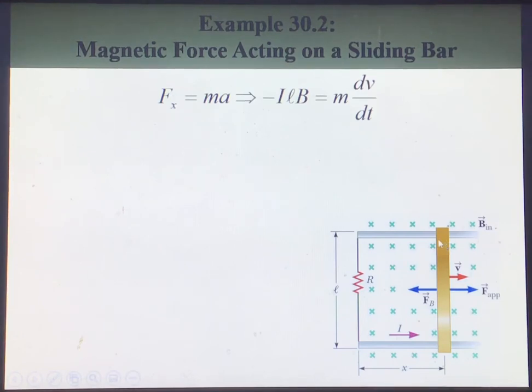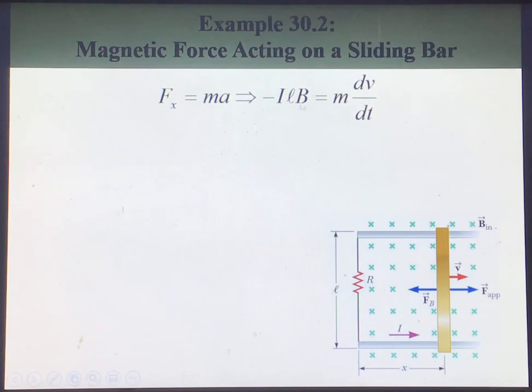Now the magnetic force on this wire right here is given by negative I times L times B, where I is the current in the wire, L is the length, and B is the strength of the magnetic field. If you remember, this expression comes from chapter 29. We said that a conductor carrying a current placed in a magnetic field would experience a force given by this quantity right here.